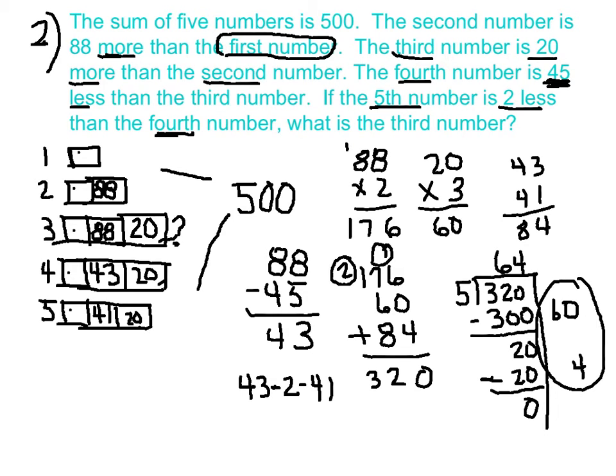64. So there's 64 in each of the little boxes, but I've got to know what is in number 3, what it's made of. So I'm going to do 64 plus 88 plus 20. And that's 12.